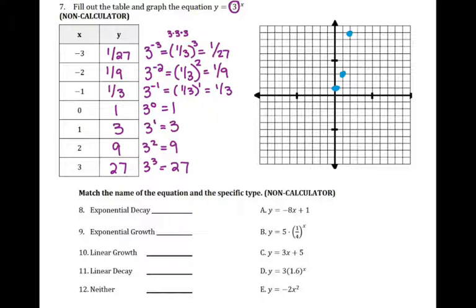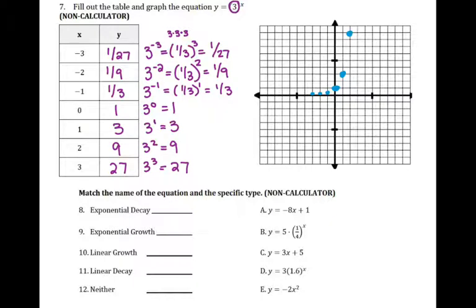And now I'm going to work my way through the fractions. So -1, 1/3 is going to be approximately right here. And my other fractions are just going to get closer and closer to my x-axis. So I'm just going to plot some points that are pretty close to the x-axis.